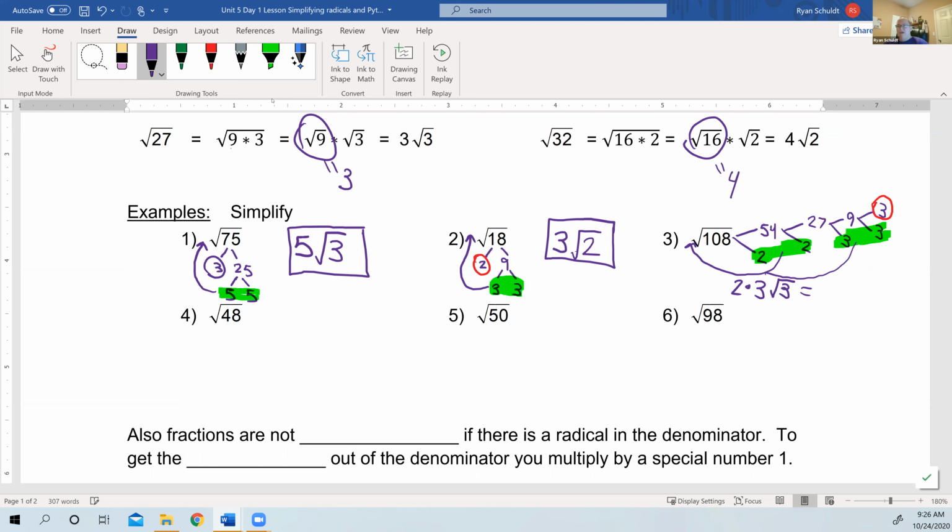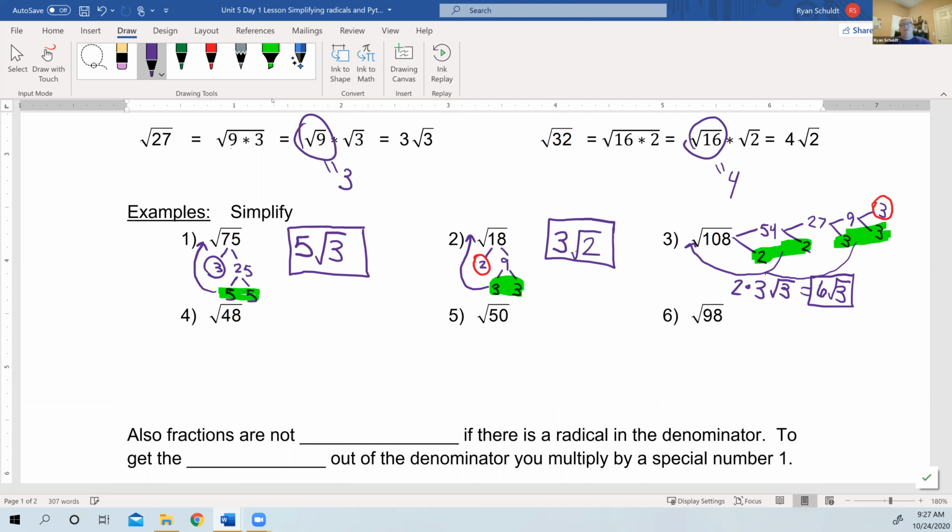What's 2 times 3? 6. So I'm going to have 6 square roots of 3 as my final answer. Now this is actually the longer way you could have done it, but like I said, I want to show y'all how even if it's the long way, it can still be done.